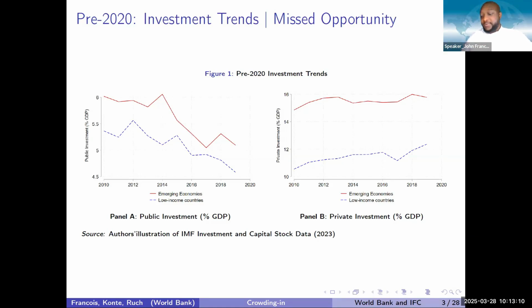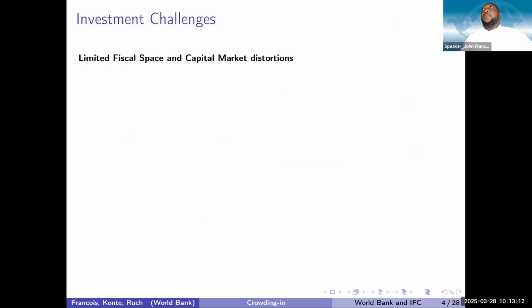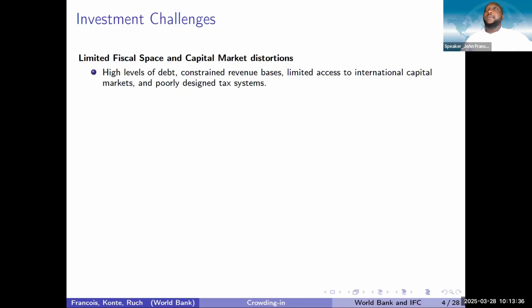in these countries, right? So why is it that we didn't see a marked increase in investment, even though interest rates were fairly low pre-2020? And there are several reasons, right? Even before 2020, several countries were struggling with limited fiscal space and capital market distortions or inaccessibility to the international capital market, right?